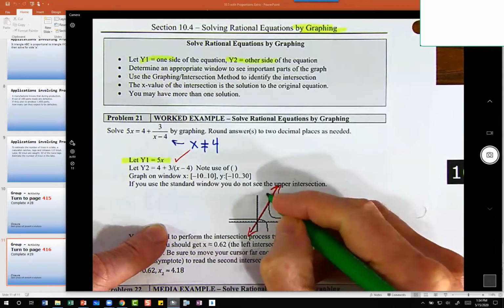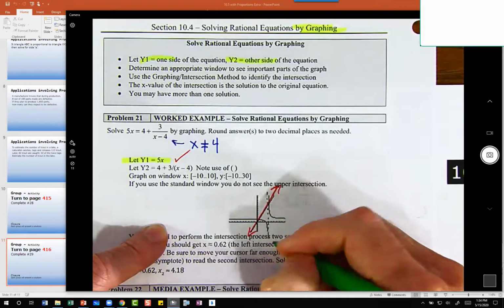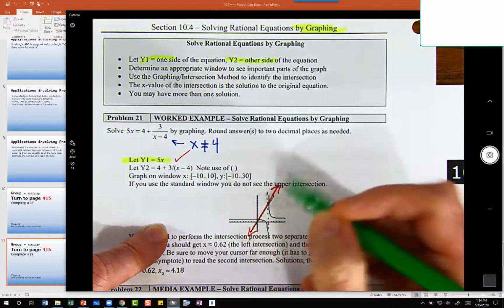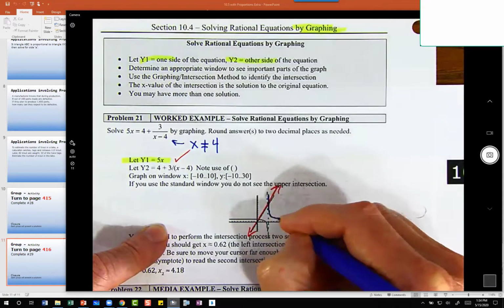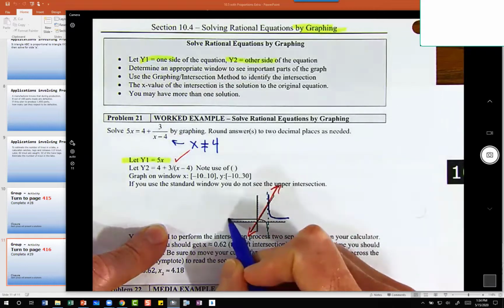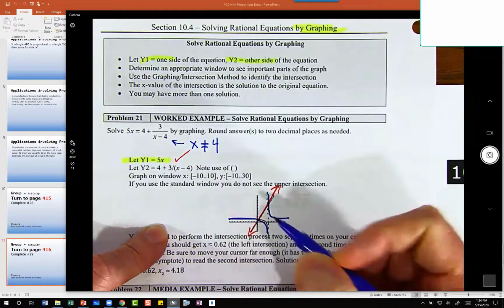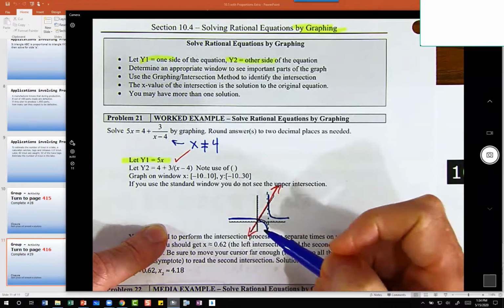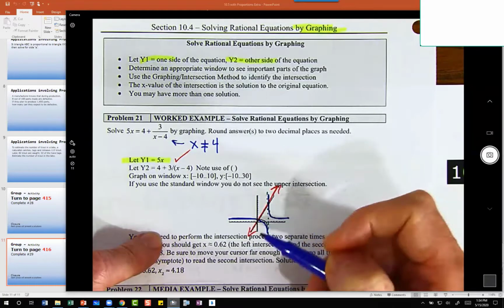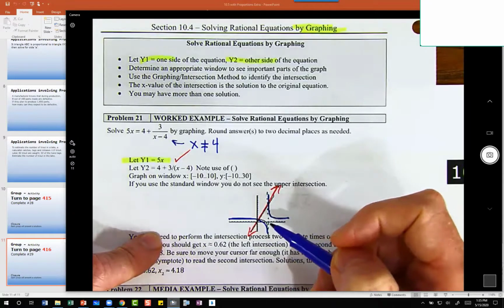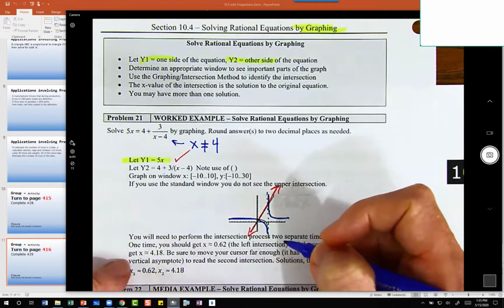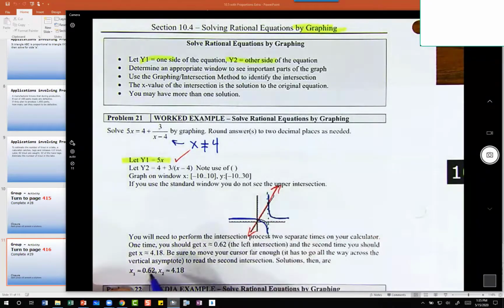It's hard to see, but we have an asymptote at 4. And the rest of the graph comes in with 2 branches on either side of 4. And once that happens, we look and see, oh, there are 2 answers, because these 2 graphs intersect twice. Then we use the intersection command and we can find them, and that's what they did down here.